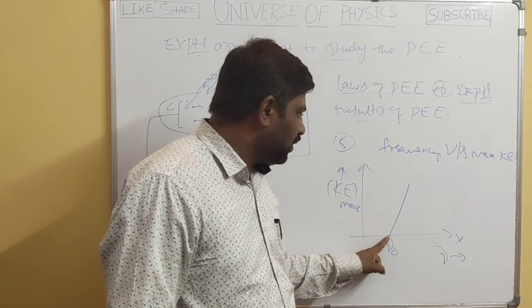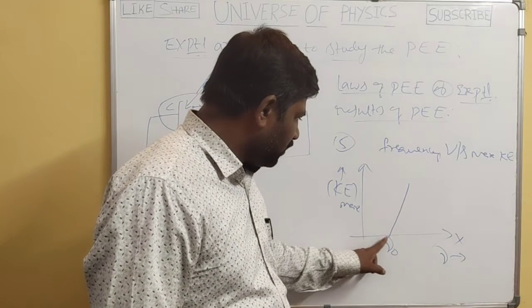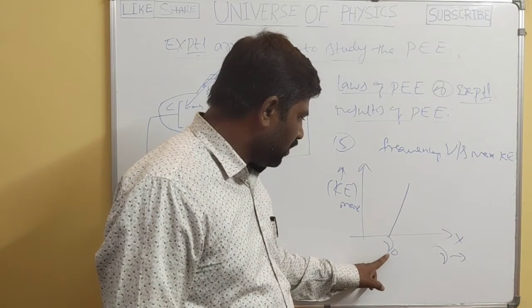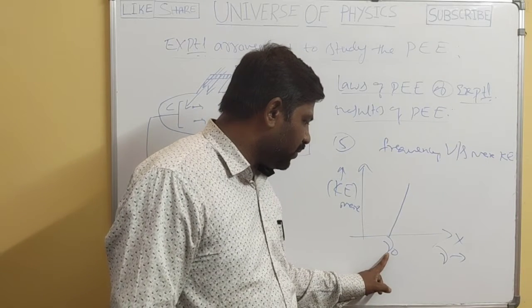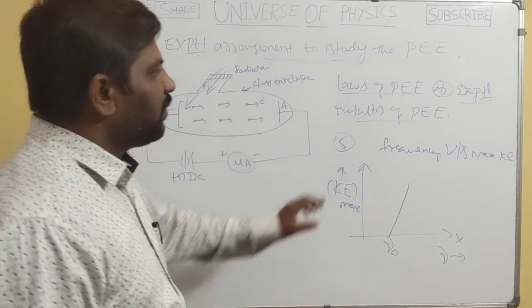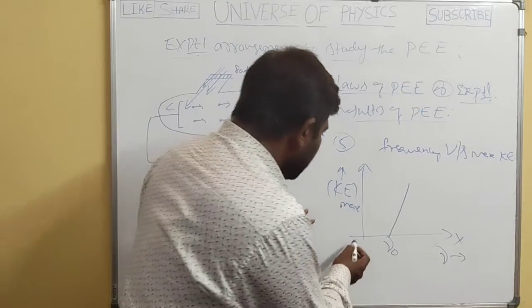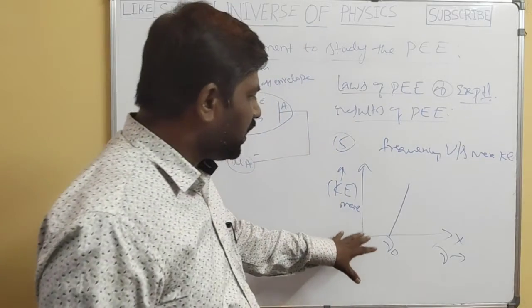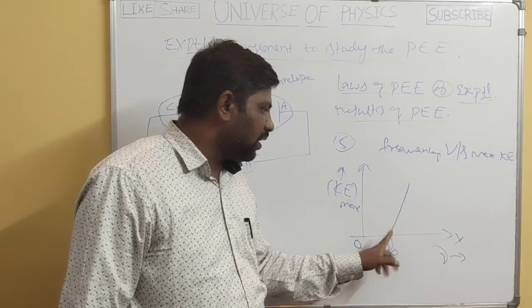For that reason, the straight line does not start from the origin but from this place, which corresponds to nu naught. If you increase the frequency, the maximum kinetic energy of the photoelectrons also increases.